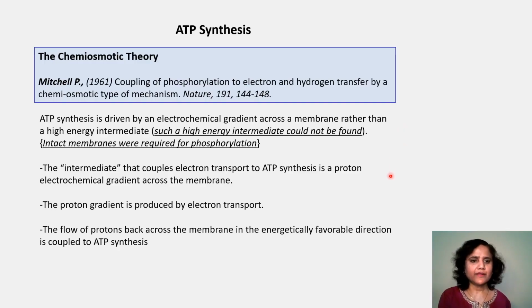So he proposed that the intermediate that couples electron transport to ATP synthesis is a proton electrochemical gradient across the membrane. And this proton gradient is produced by electron transport. The flow of protons back across the membrane in the energetically favorable direction is coupled to ATP synthesis.